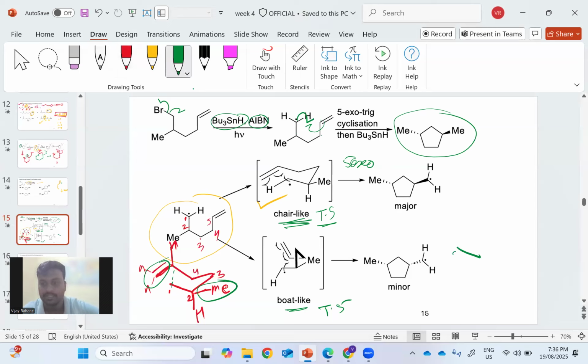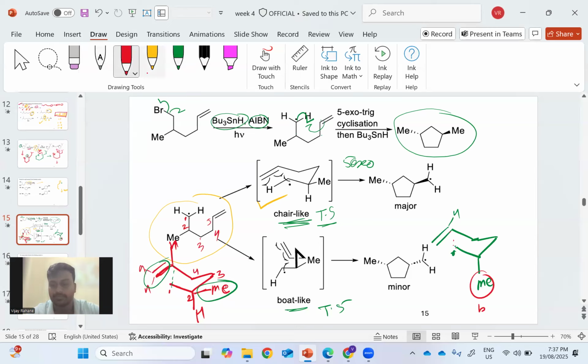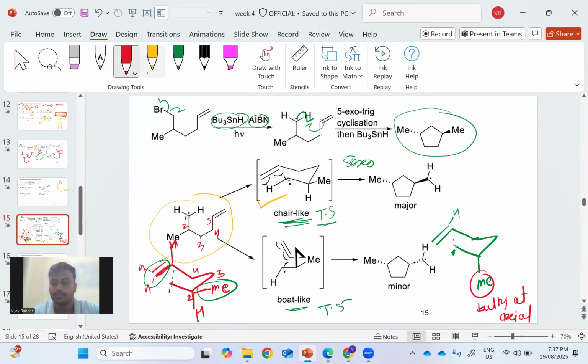So this is the radical, at whose ortho position there is a methyl. Now if you just draw the remaining groups, and then form a bond between this one, this bulky methyl group at the axial position is less favored, right?